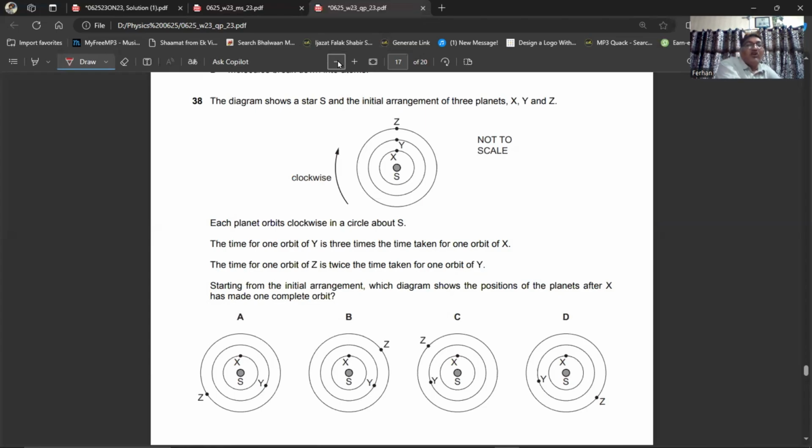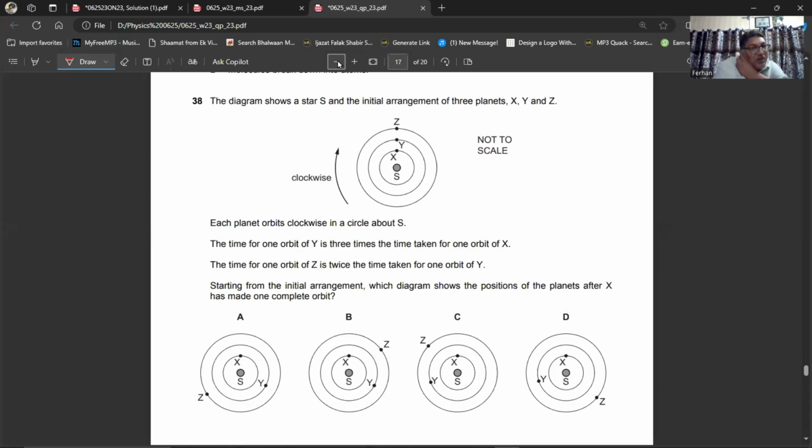The time for one orbit of Y is 3 times the time taken by one orbit of X. The time for one orbit of Z is twice the time taken for one orbit of Y. So if X takes T time, Y will take 3T, and Z will take 6T.